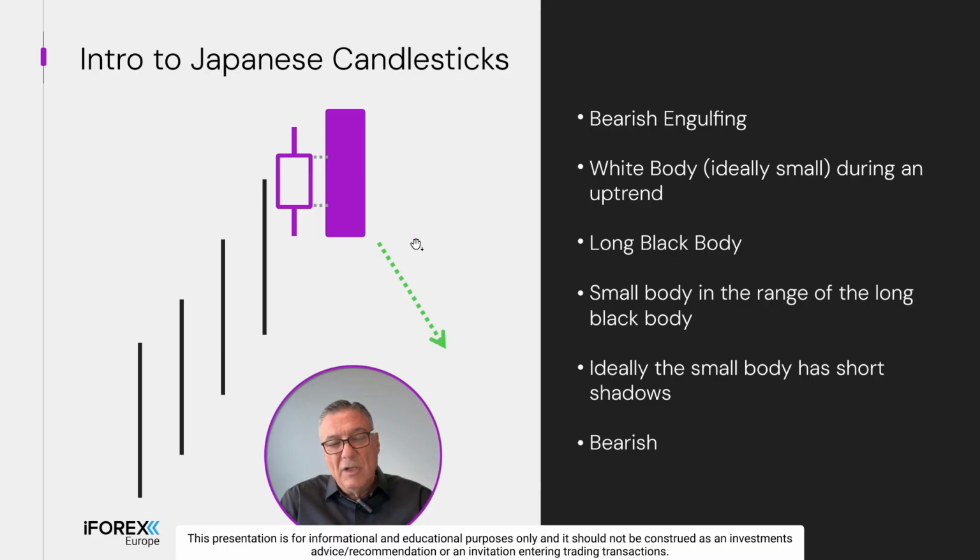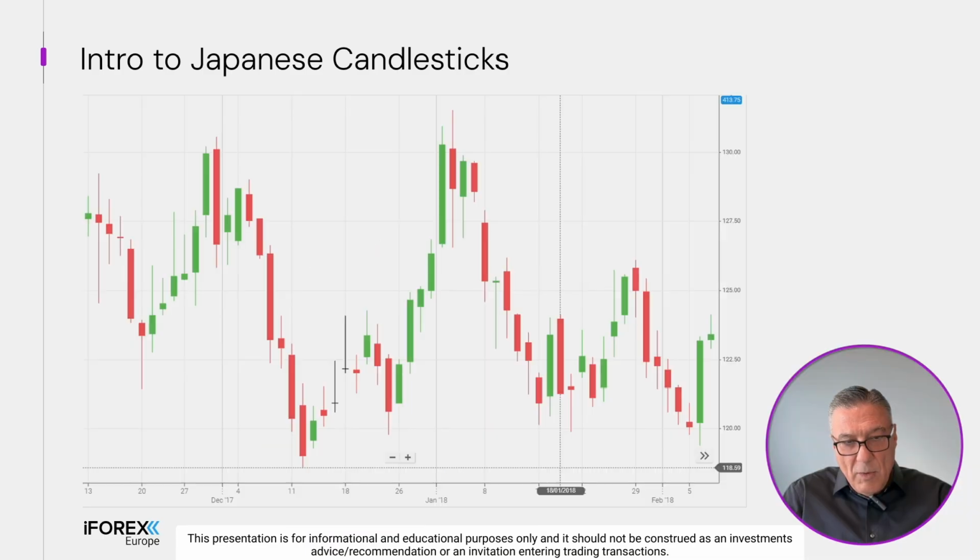And of course, price will confirm the downward movement when the candlestick will fall below the low price of this pattern. And on our price chart, a bearish engulfing pattern, that is, we can see right away here, right?